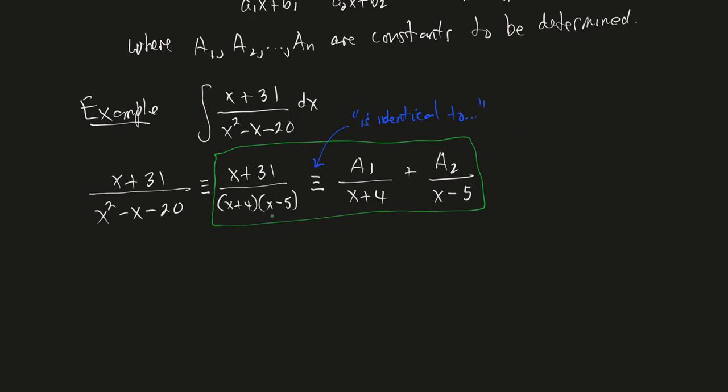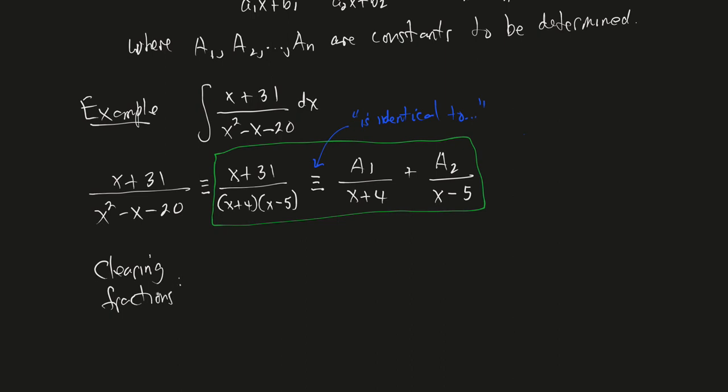Now, if I wanted, for instance, to clear the fractions, what I could do is multiply both sides by the x plus 4 and the x minus 5. So basically take this product here, multiply the left, and multiply each of the fractions on the right. So it looks like this. I'll just refer to that as clearing fractions.